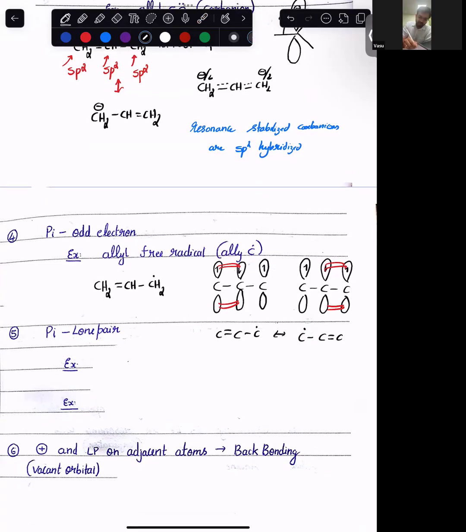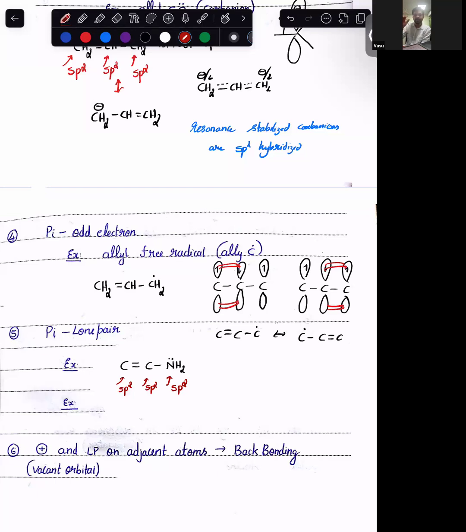Next, pi alternate lone pair. C double bond C. It can take a lone pair on it, NH2 lone pair. Again, if I mark the hybridizations, this is sp2, this is sp2. NH2 is expected to be sp3, but we will deliberately make it sp2 so that the lone pair will be present in parallel orbital.